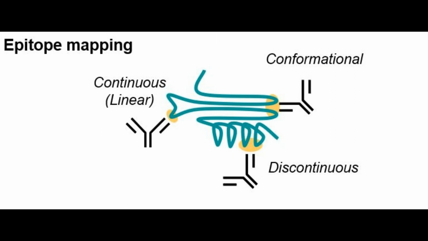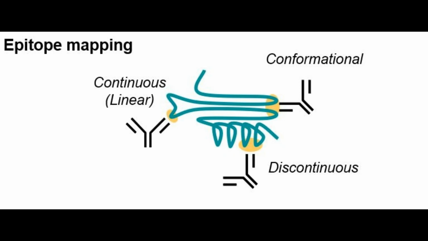If we have epitope mapping, then we will be focusing on antibodies that can bind to certain conformational structures of the expressed phage library protein, or it can bind to some linear sequence which might be continuous, or some discontinuous portion of the epitope, which of course is dependent on the antibody epitope.